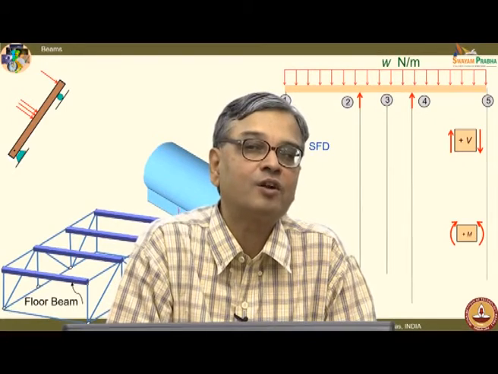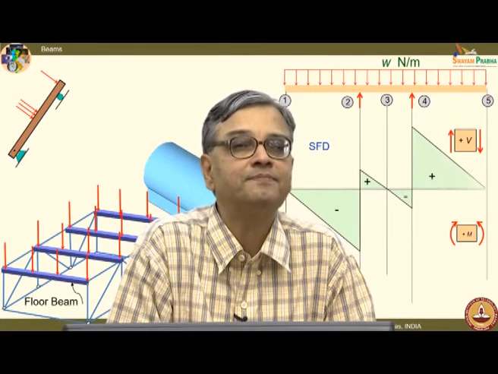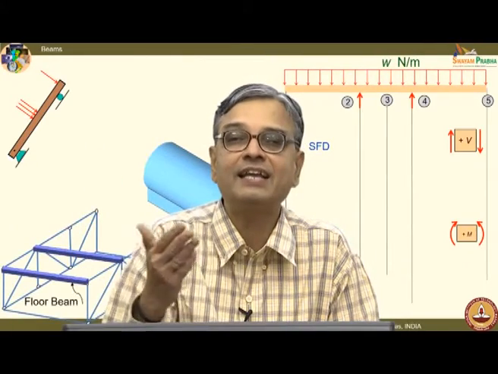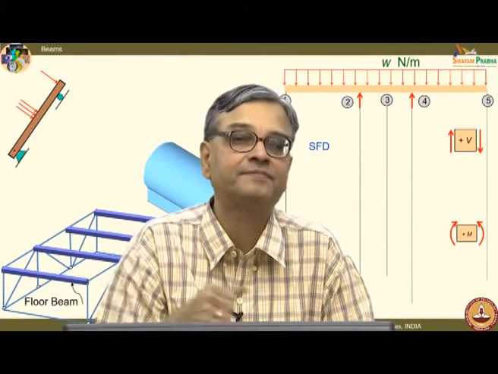So, in this class, we have looked at what is a beam, what are the different classifications of the beams. We have looked at cantilever, simply supported, overhang, continuous beam, propped cantilever, and also a fixed beam. And we have also classified them as statically determinate and statically indeterminate.